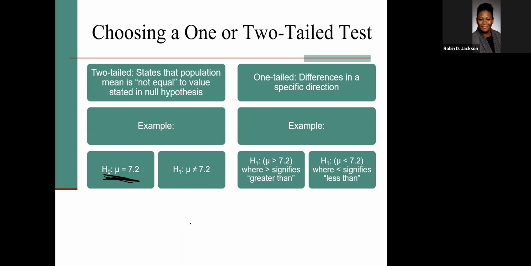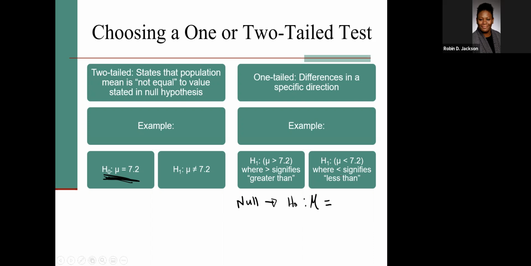Your null hypothesis will always be H subscript 0, the mean sign is equal to whatever your number is. It's going to always be that.